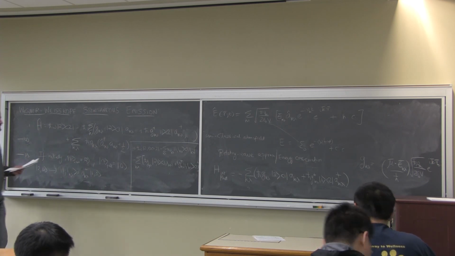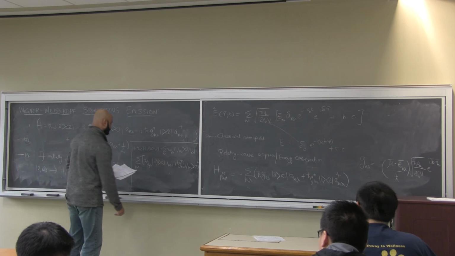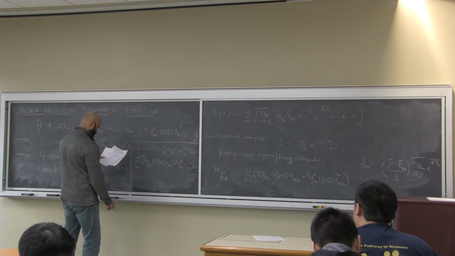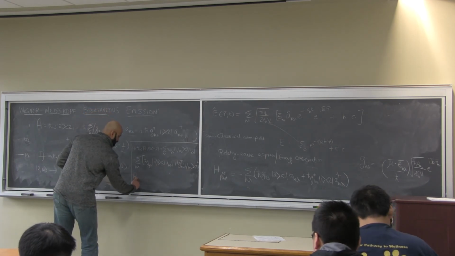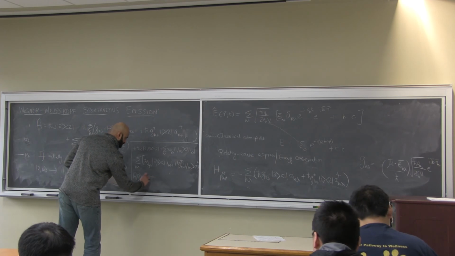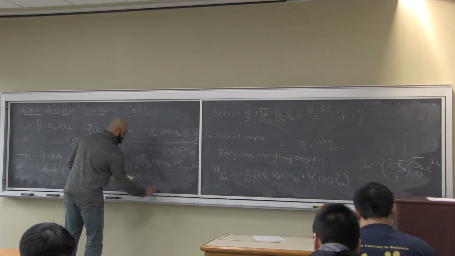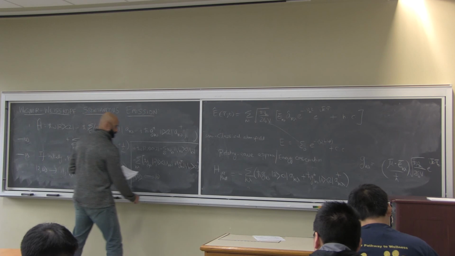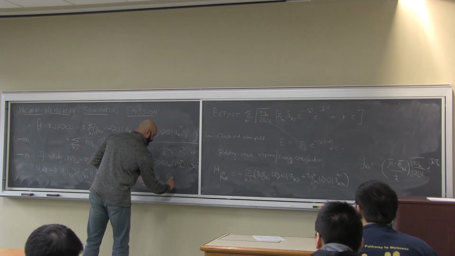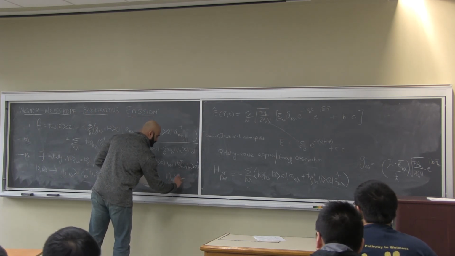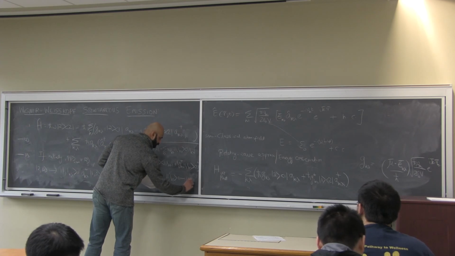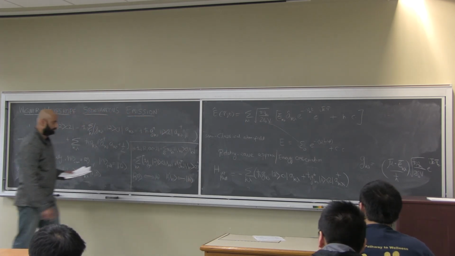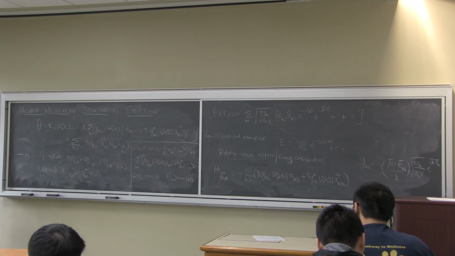So to make the connection between our earlier treatment of bound to continuum transitions, I'm going to call the state 2, 0 just like the state b, which is the bound state in my earlier treatment, and 1 k lambda will be just like the state k, continuum, in the bound to continuum transitions.